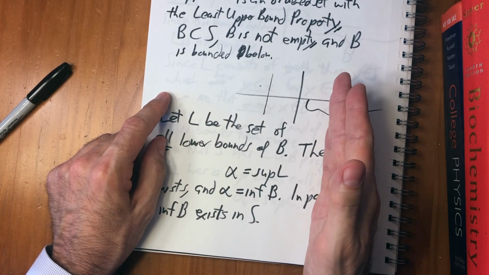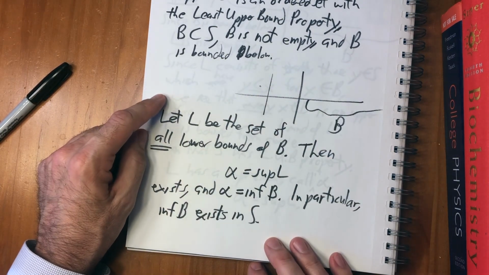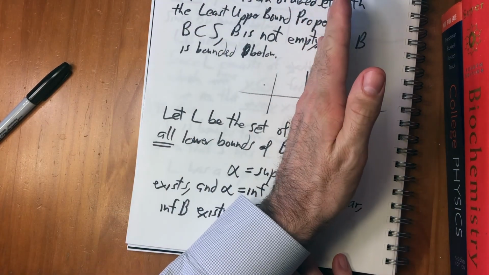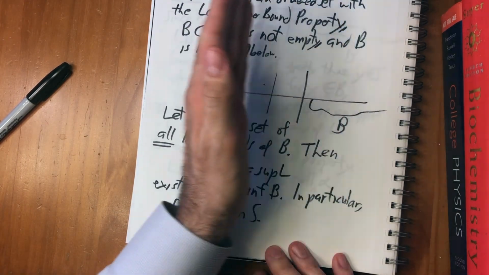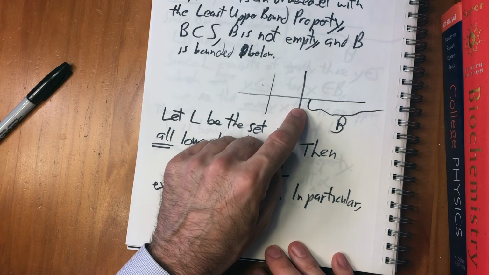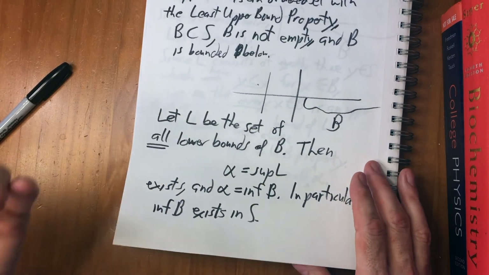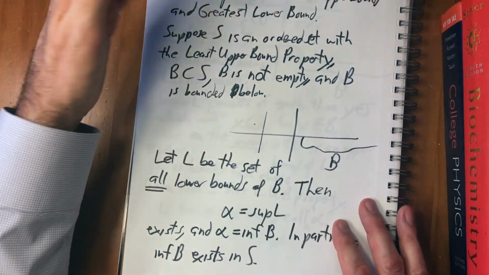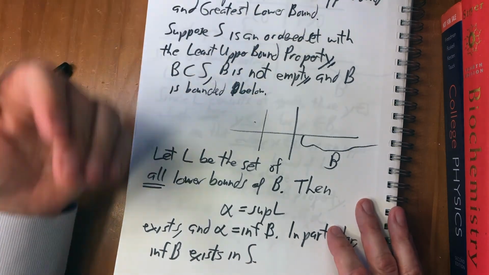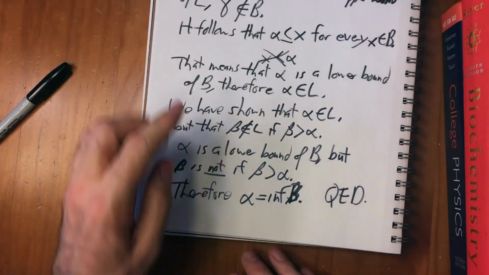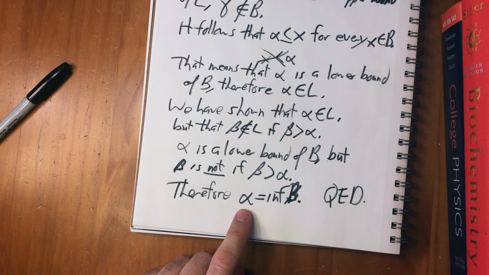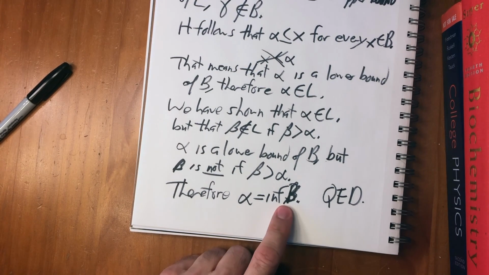It has a least upper bound, and the least upper bound of L is the same as the greatest lower bound of B, and that in particular, if there's a least upper bound property, there's a greatest lower bound property. And so that's what we have shown here, that the least upper bound of L is the greatest lower bound of B.